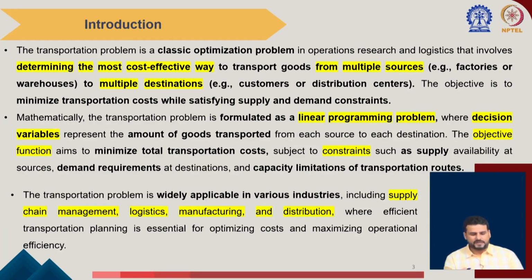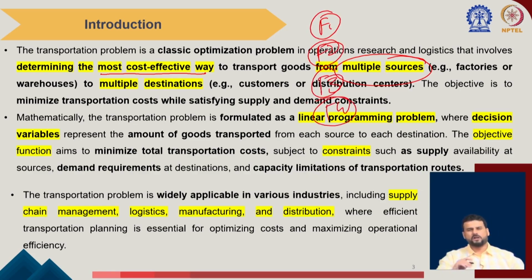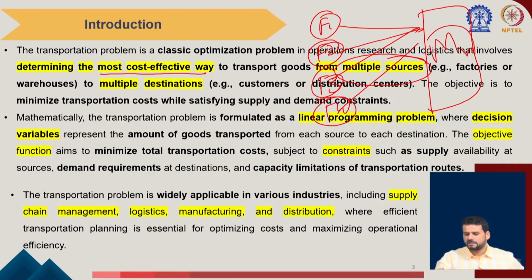So obviously when we are talking about transportation, it is important to decide the most effective way to transport the goods from multiple sources. We have multiple sources, let us say factory 1 is manufacturing, factory 2 manufacturing, factory 3, factory 4, all these different factories are there, and in terms of markets there may be n number of markets, maybe more than 1000 markets in India and then abroad as well.